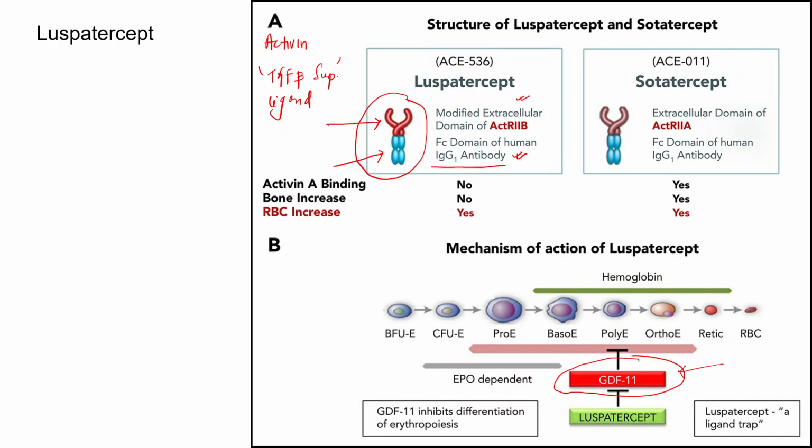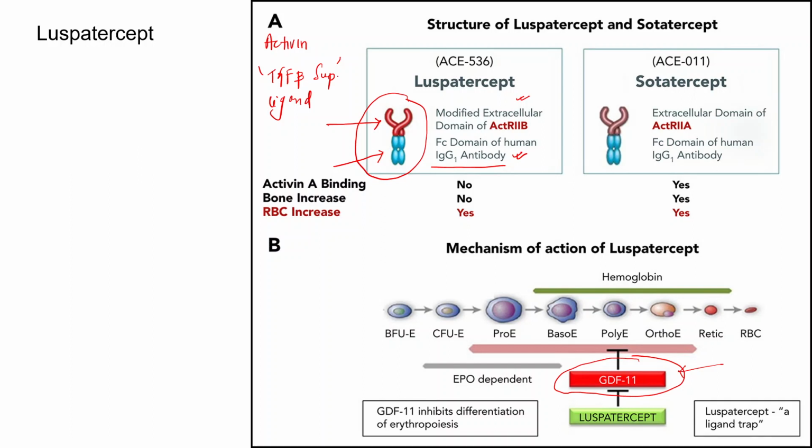Okay, so from this you can understand that luspatercept is a ligand trap. It's a ligand trap because it is trapping the ligand, that is activin. Activin is a TGF beta superfamily ligand. And by inhibiting the function of activin, it is causing reduction in GDF11 activity and SMAD2 and 3 signaling.